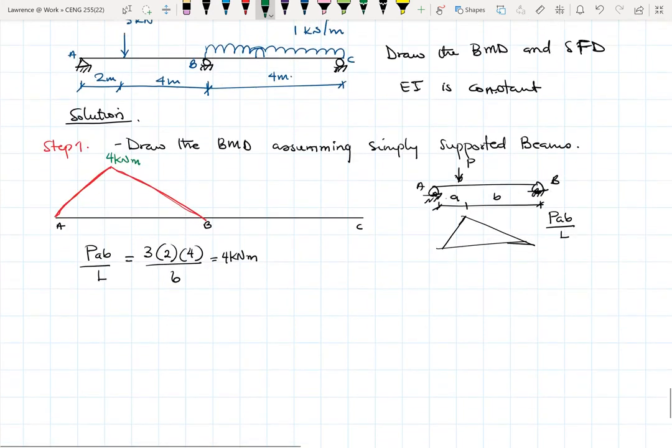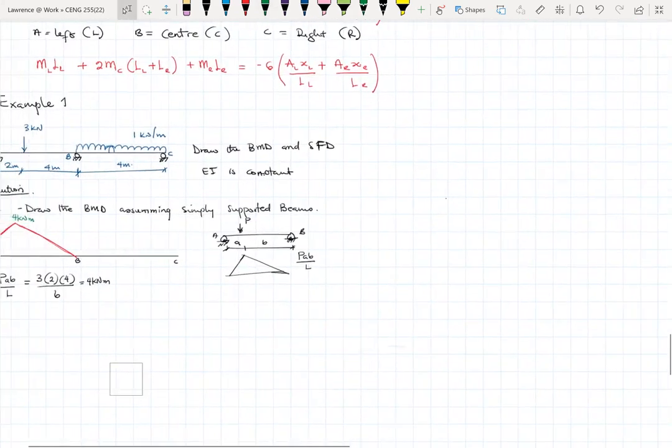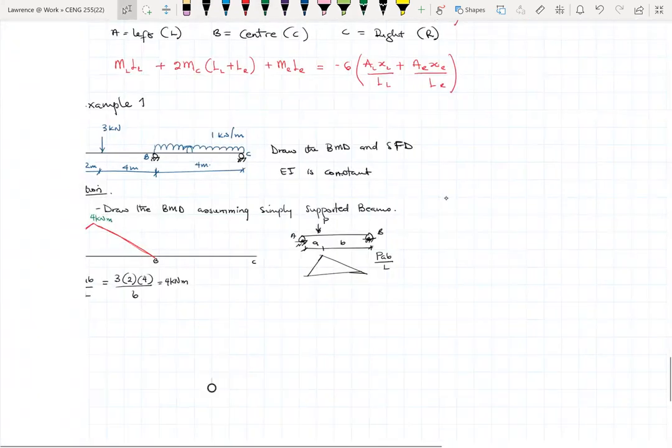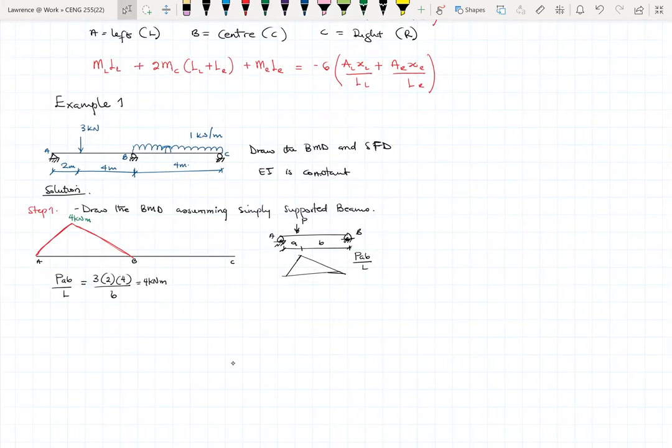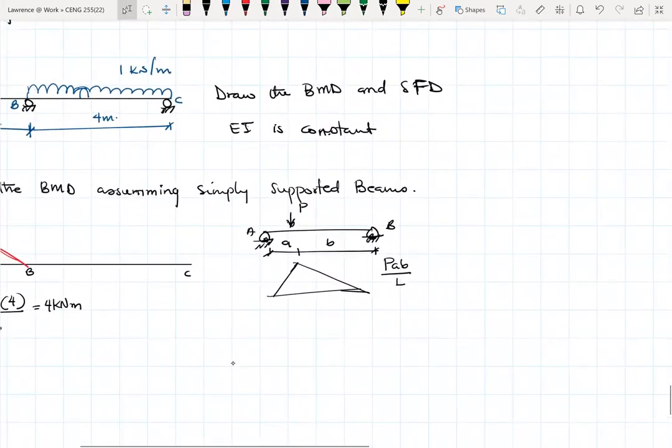The other case: if you have a simply supported beam with a UDL w, with these supports at the ends, let me make this one a roller so that it looks determinate.